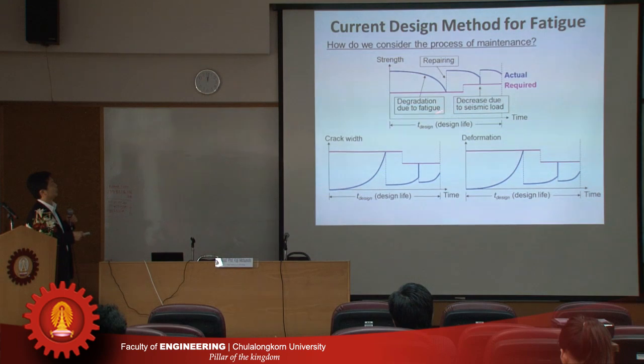This graph shows strength on the vertical axis and time on the lateral axis. In the beginning, this blue line is the actual strength of the structure, and this pink one is a required level of strength.